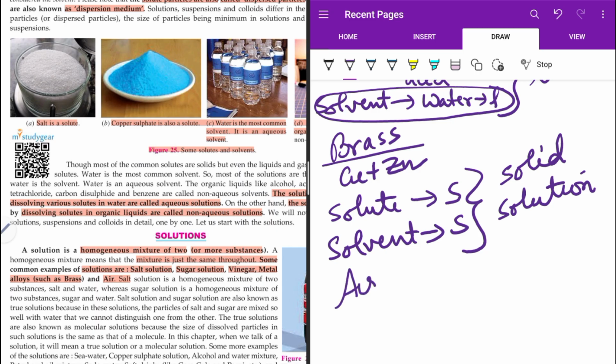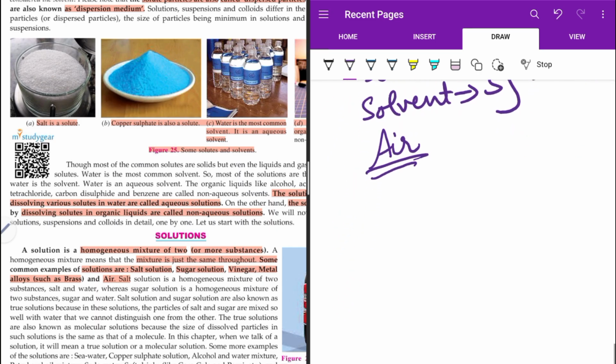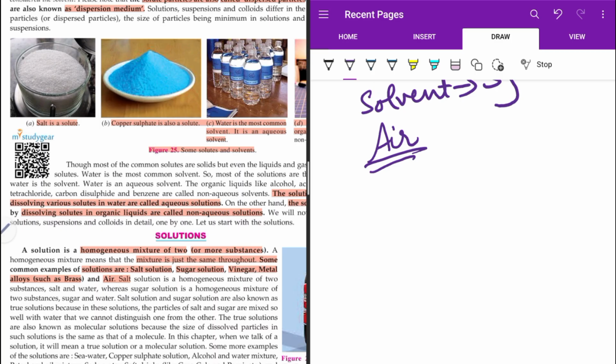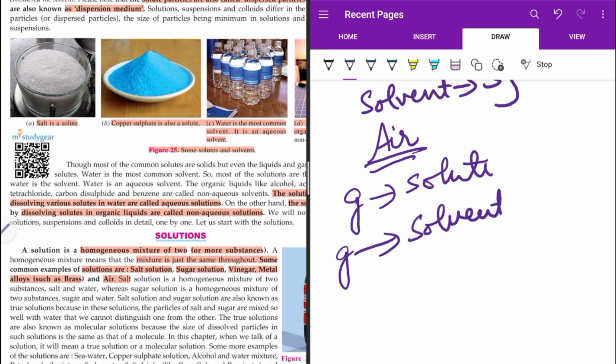Now, air is a mixture of gases, we know. So gas can be the solute, and again the gas can be the solvent. Dust particles are also suspended in air, we know. But if I say gases in air, then it is an example of gaseous solution, where a gas is a solute and a gas is again a solvent.